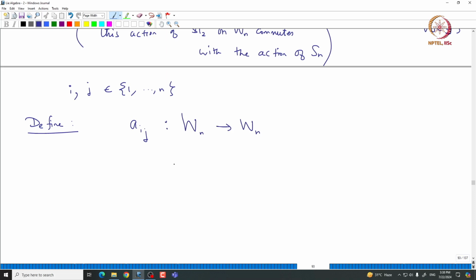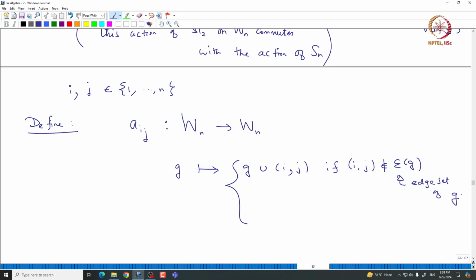What it does is it takes G and sends it to G union ij if ij is not an edge in the edge set of G. So when there is no edge between i and j, you just add that edge ij.